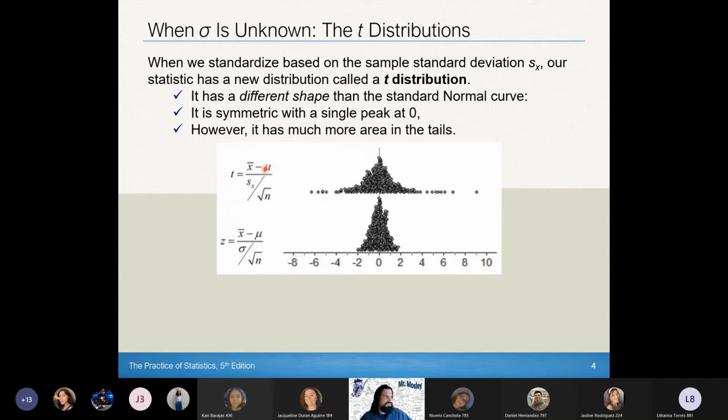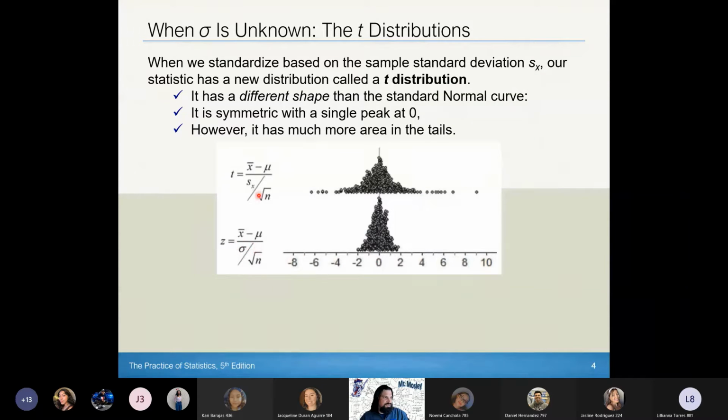Right, so we get this comparison here. This is our t distribution: x bar minus mu divided by S sub x divided by square root of n. The standardized score is z: x bar minus mu divided by sigma divided by square root of n.